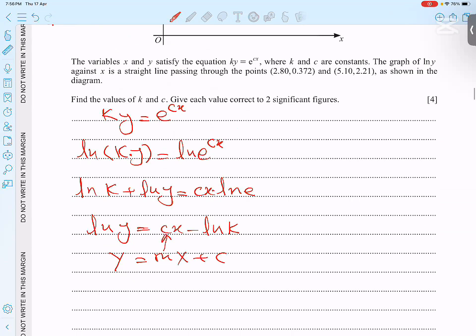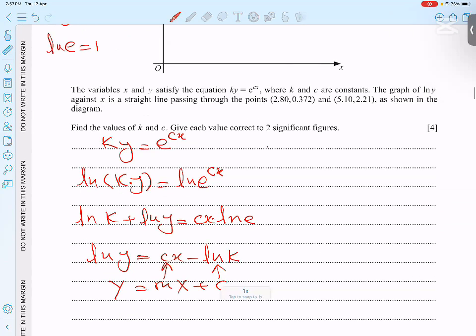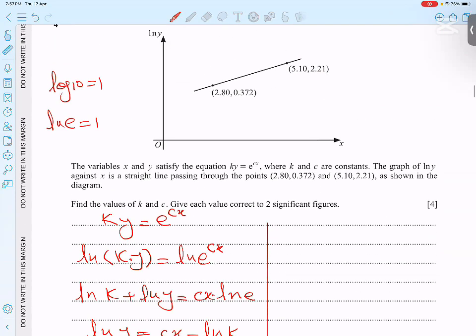This is of the form y is equal to mx plus c. This is called the gradient, and this is called the y-intercept. Now, students, I'm going to find the gradient from the data given. So what is the formula? Basically, y2 minus y1 over x2 minus x1.